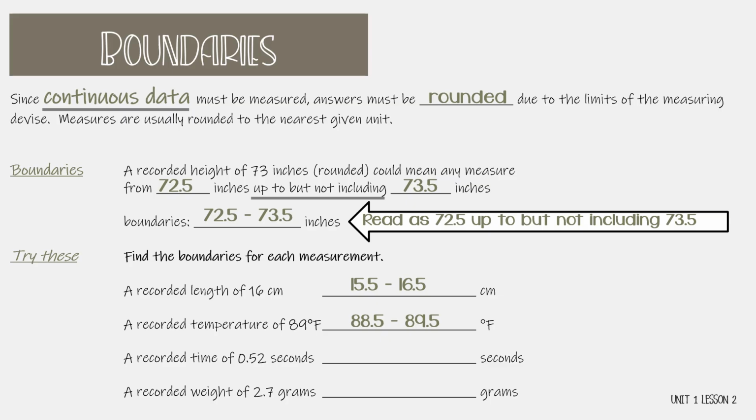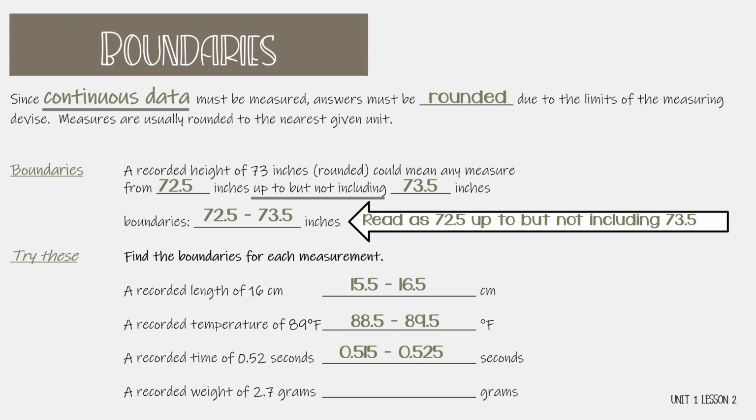But with the decimal, pretend it's actually maybe 52, because you know how to do whole numbers like the 16 and the 89. So with 52, you'd go to 51.5 and then stick the decimal on it. So it's 0.515, up to but not including 0.525 seconds.